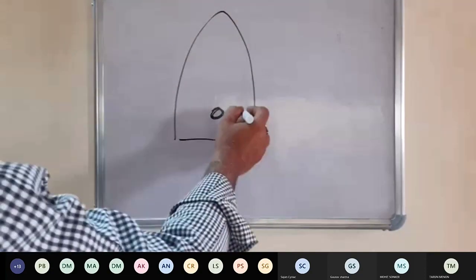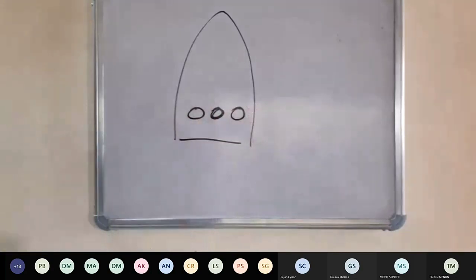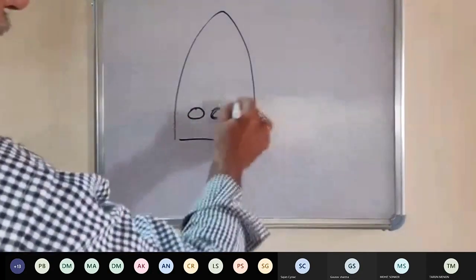We have the compass here, we have the soft iron spheres.